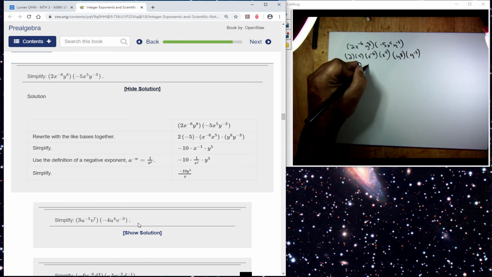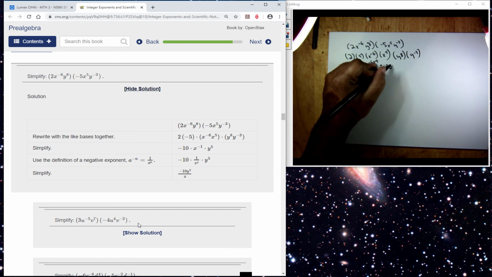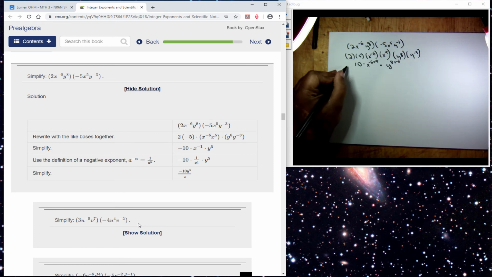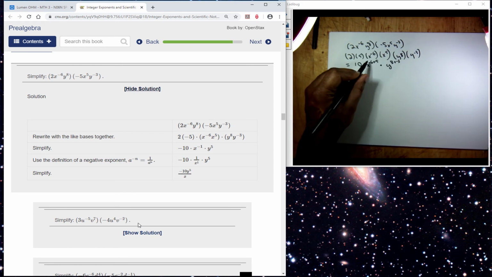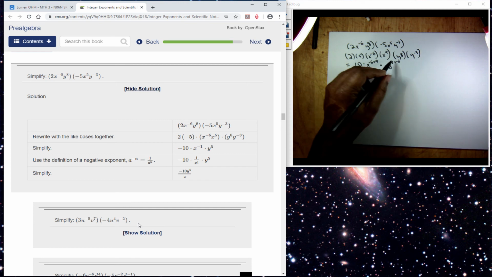Then I'm going to have x to the minus 6 plus 5 here. Then I'm going to have y to the 8th plus a negative 3. So a negative 6 and a 5. 6 minus 5 is 1. This will be a negative 1 here. And this becomes 8 minus 3, which is 5.